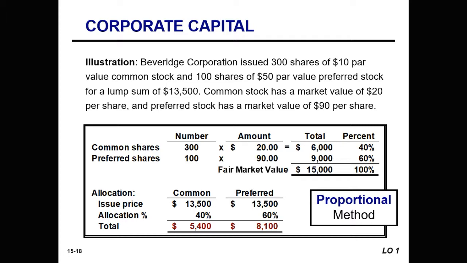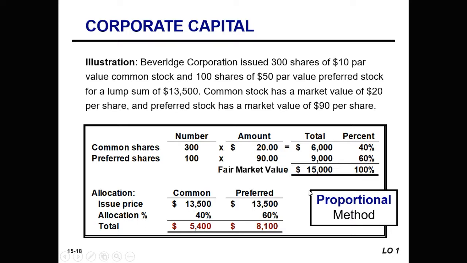If we were to purchase 100 shares of preferred stock, we would pay $9,000. Therefore, the total market value associated with this transaction is $15,000. We then divide each class's market value by the total to ascertain what its percentage is of this entire transaction.